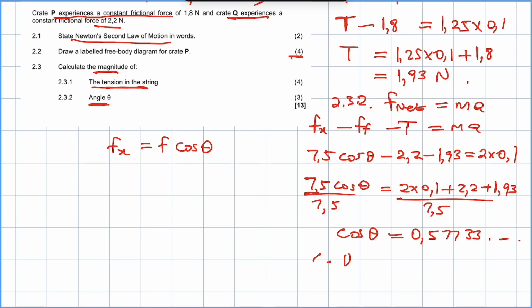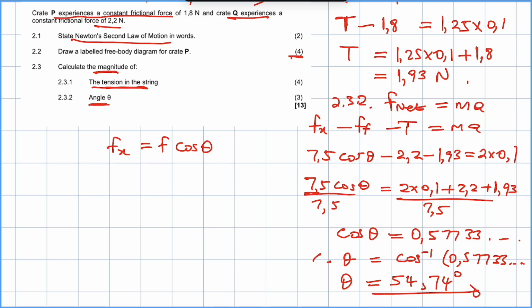Therefore, angle theta equals shift cos of 0.57733, and that gives us 54.74 degrees. Okay, so we got our angle theta. So that's the end of that question.